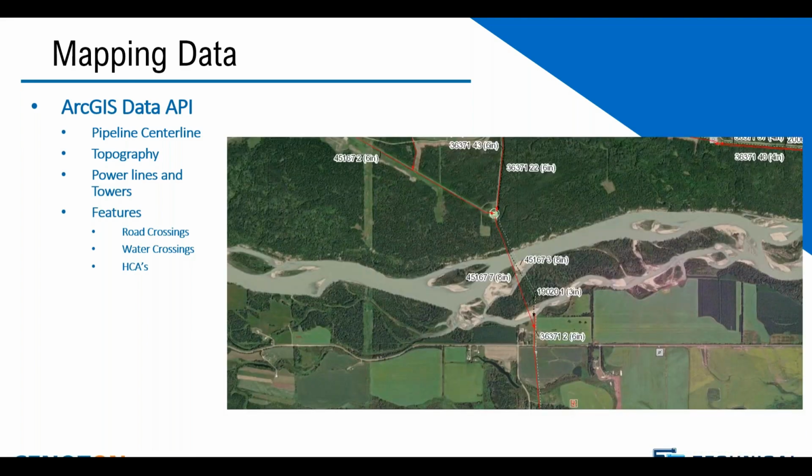And then we also do proximity analysis to roads or rivers or other HCA areas. So here's an example of this line crossing a river, and based on its location, again, the dynamic segmentation can come into place based on proximity to HCA zones or water and road crossings.